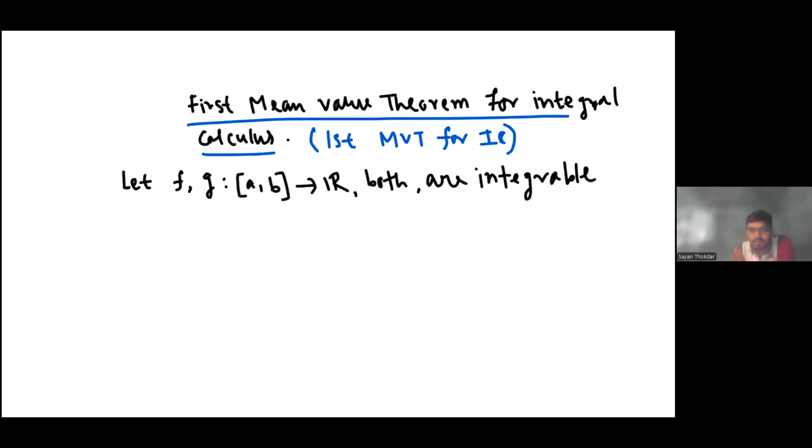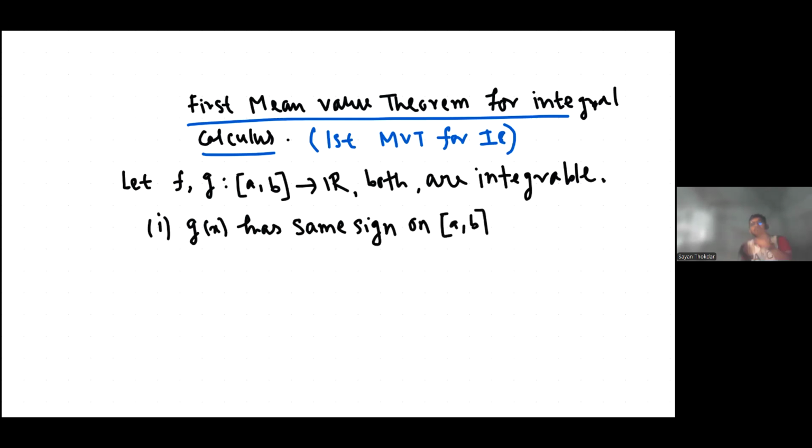That is given. The second condition, the crucial point of the theorem, is that g of x has the same sign on the closed interval [a, b]. The first condition is that both are integrable functions.